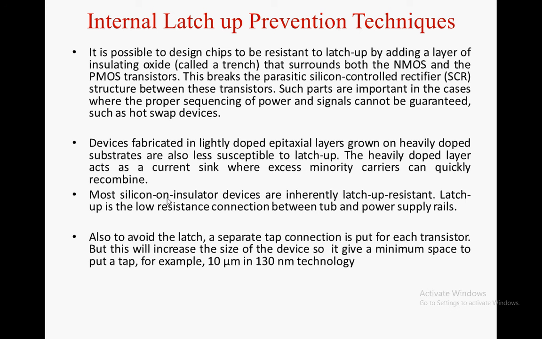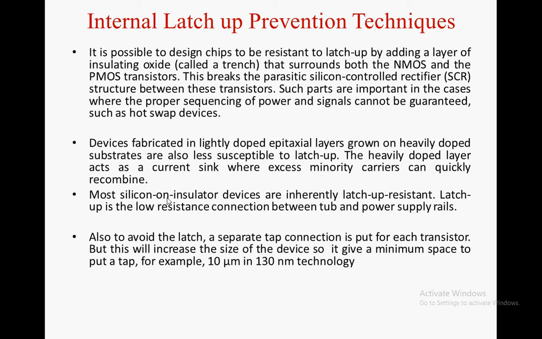Devices fabricated in a lightly doped epitaxial layer grown on a heavily doped substrate are also less susceptible to latch-up. The heavily doped layer acts as a current sink where excess minority carriers can quickly recombine. Most silicon on insulator devices are inherently latch-up resistant.